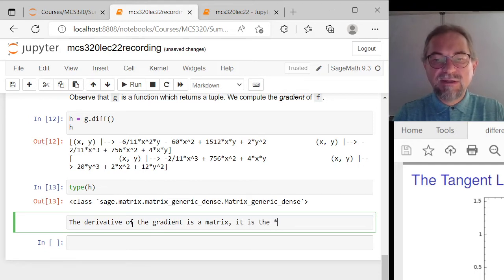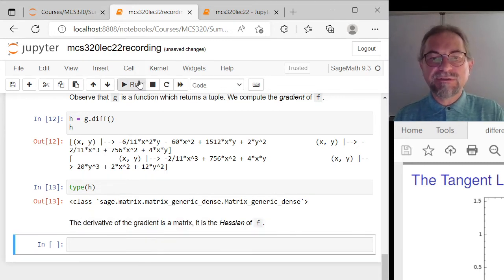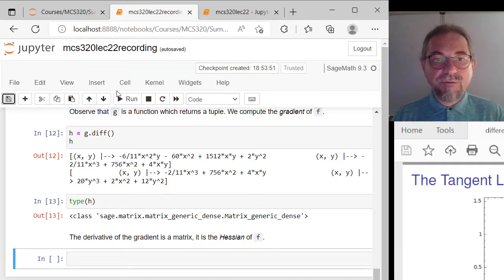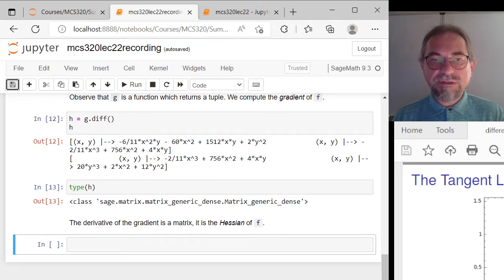It is the Hessian of the original expression in several variables. So the Hessian says something about the curvature of the function. Okay, so this is a very brief overview of the derivatives. Notice the symbolic nature. We start with expressions, we end up with expressions. So symbolic differentiation computes expressions.